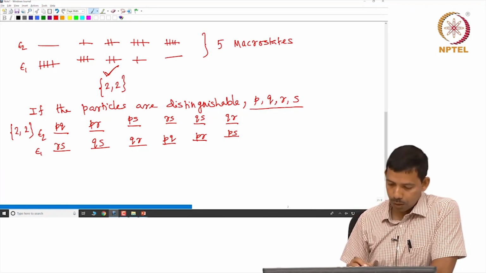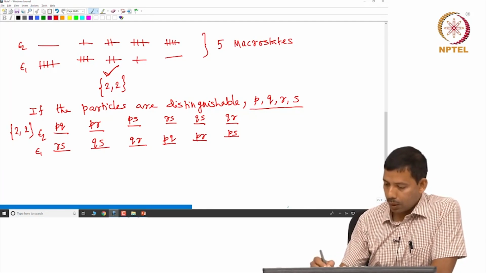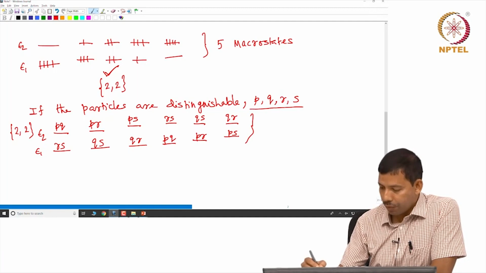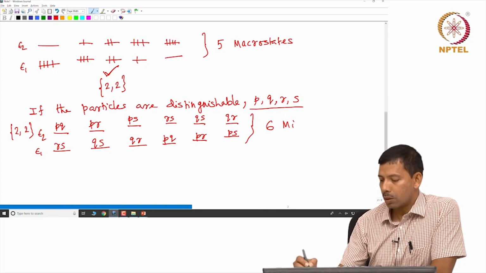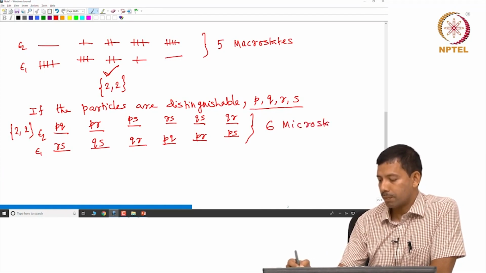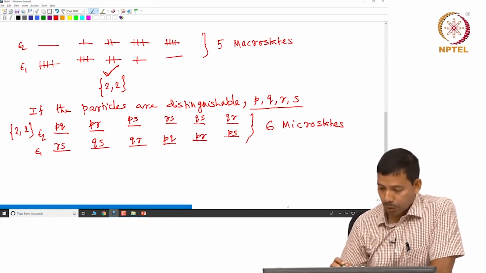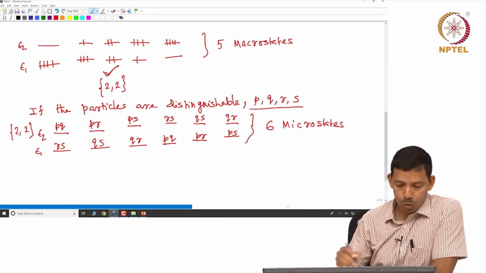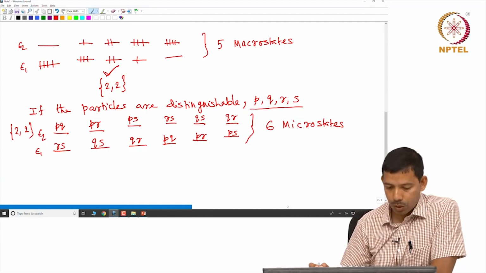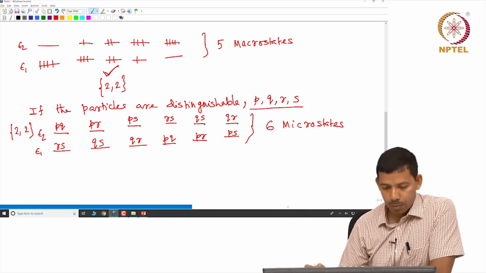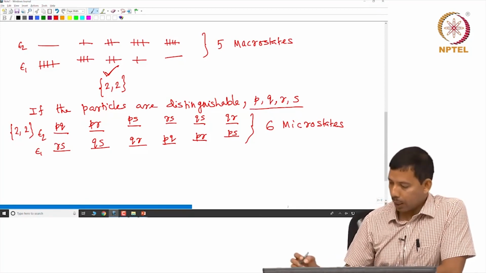So what you see here is that for a 2,2 macrostate, we have 6 different distributions, and these 6 are called the microstates. So for our 2,2 macrostate, we have 6 microstates. Likewise, for other macrostates you can have a different number of microstates, as you can find out at your leisure.